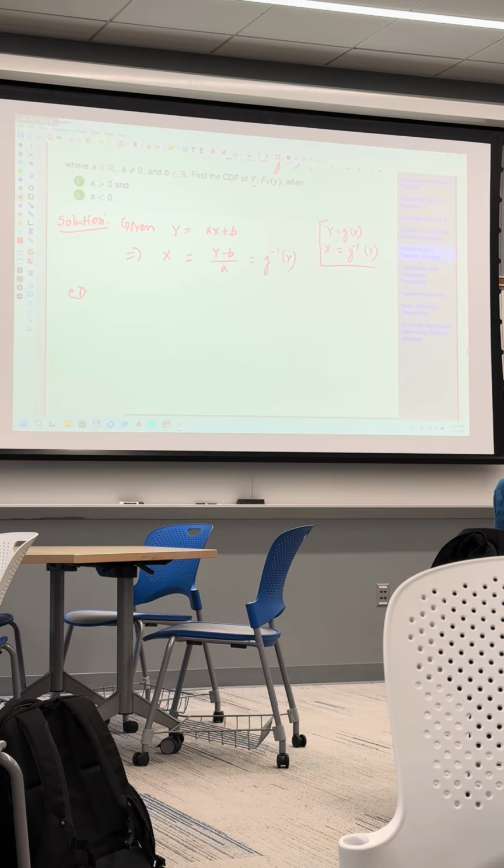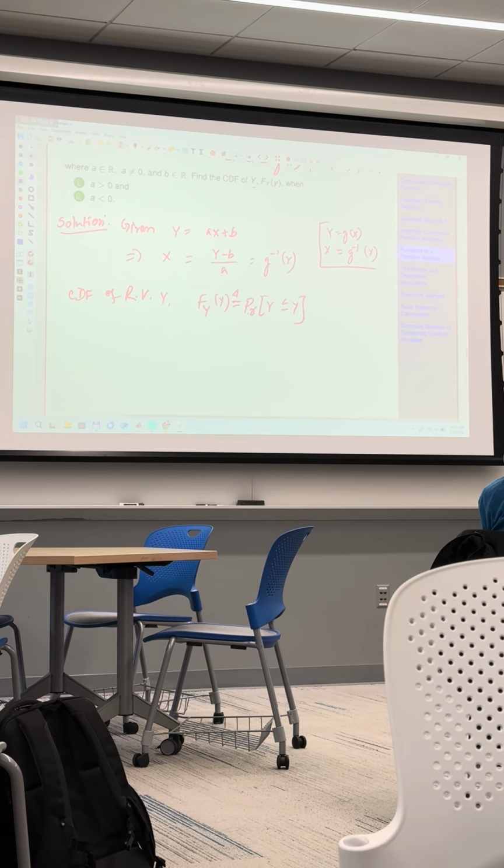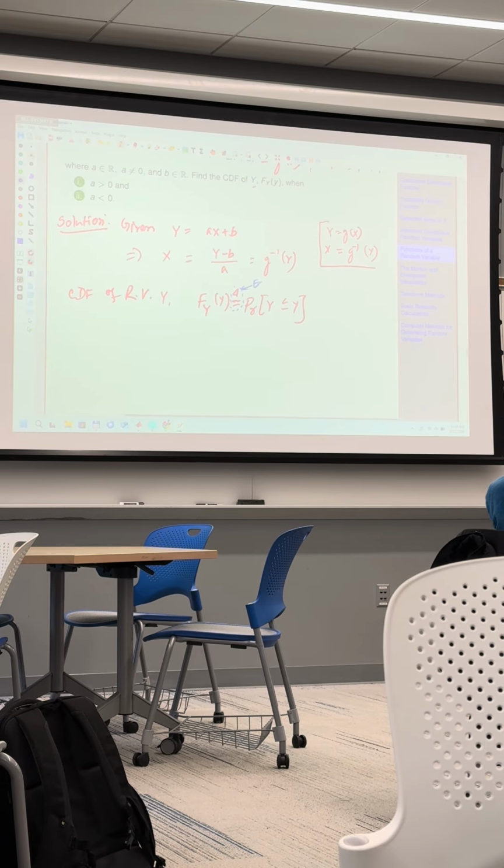Now the CDF of the random variable y, which we denoted with F sub y, equals the probability that Y is less than or equal to y, by definition. The way you read this symbol is: equal by definition.